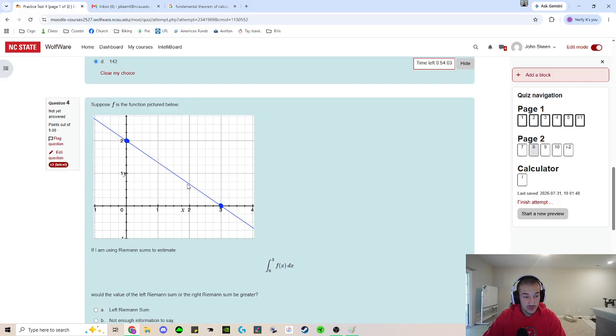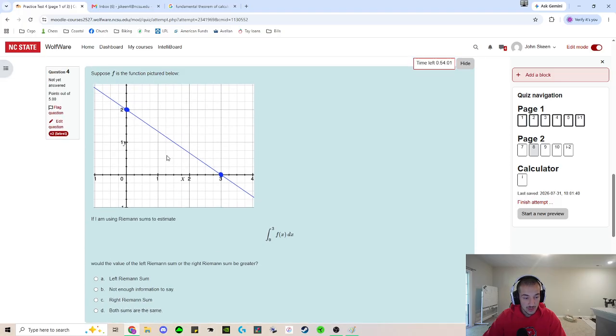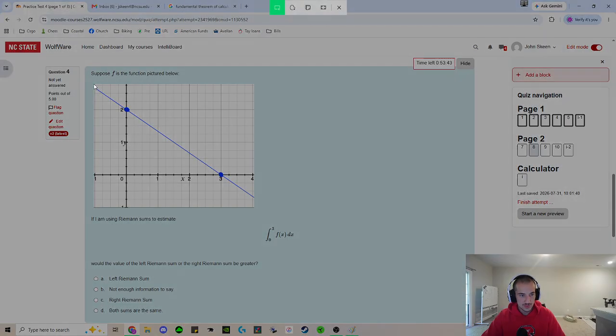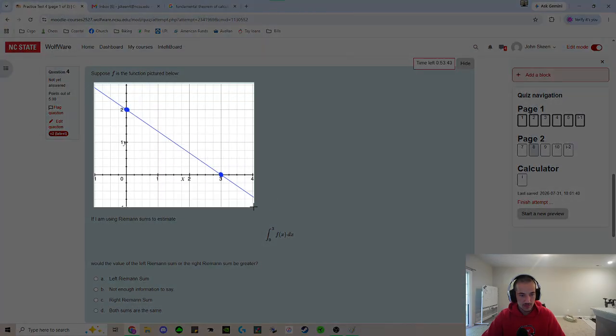Suppose f is the function pictured below here. If I'm using Riemann sums to estimate, would the value of the left or right Riemann sum be greater, right? So if we start here, we make a little rectangle, and then we make a little rectangle. We do our left rectangles. Well, let me even draw this here, just so we can picture it.